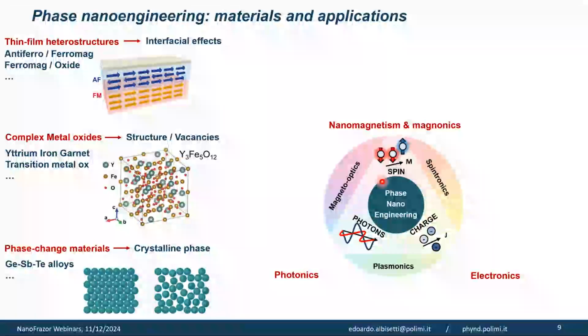When we control the spins of a material, we have nanomagnetism, and for the dynamics, magnonics. When we control the charge, we get electronics. When we control the interaction of the material with photons, we have photonics. And then we have the hybrids, or at least some of them, there are more. For example, if we control the spin to charge conversion, we have all spintronic effects; with photonics and electronics, we have plasmonics and magneto-optics.